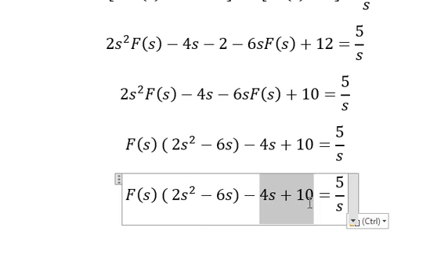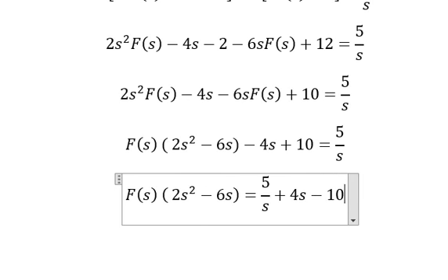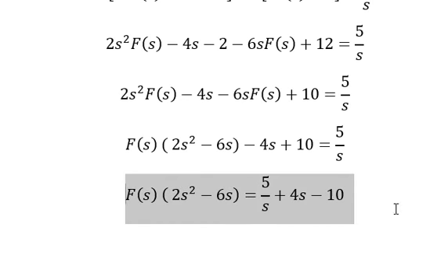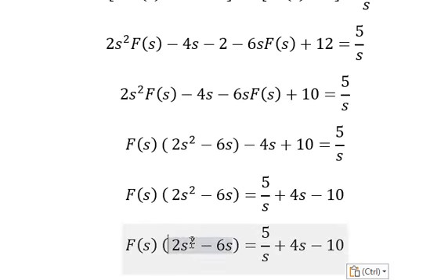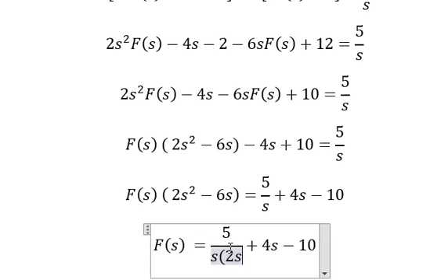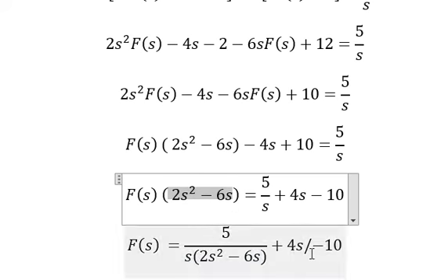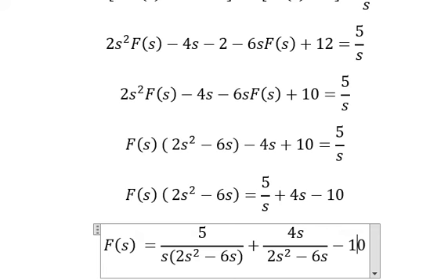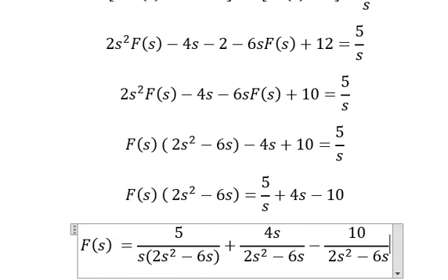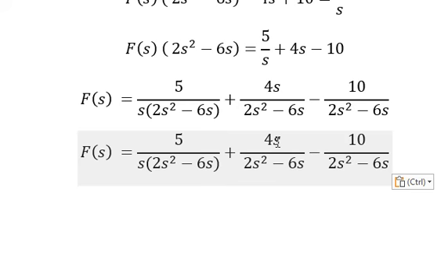So I will put this one go to the right. Next, we divide both sides by this one. This one we simplify by 2h.